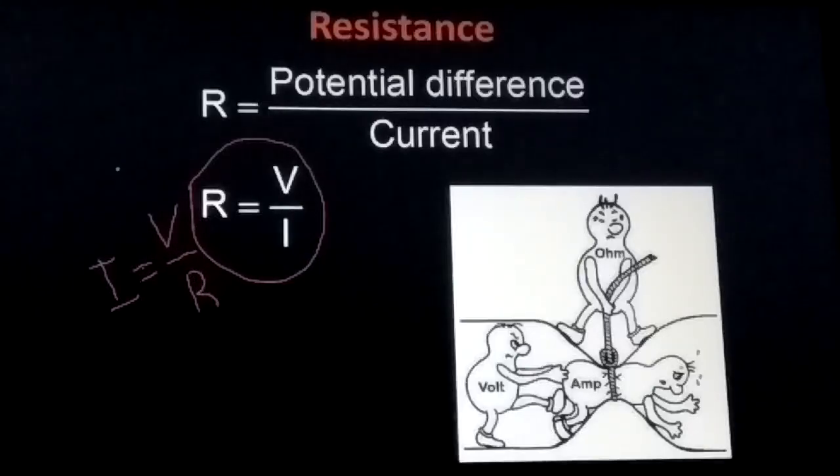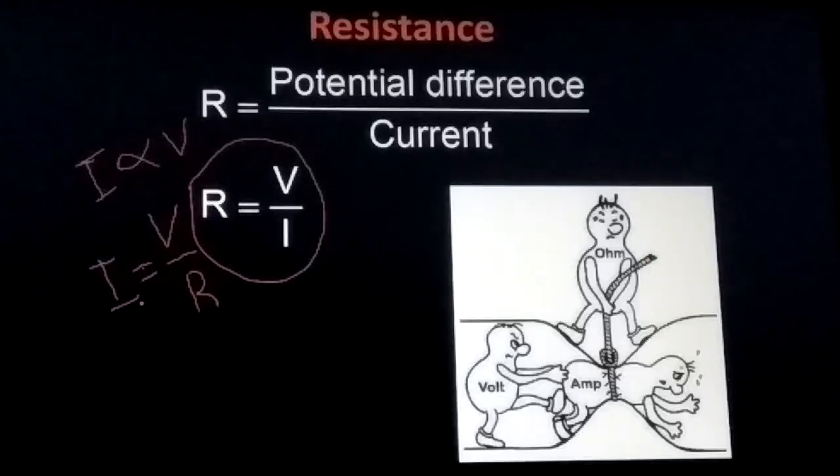The definition: the current flowing through the conductor, I, is directly proportional to the potential difference across the conductor. So this is Ohm's law.